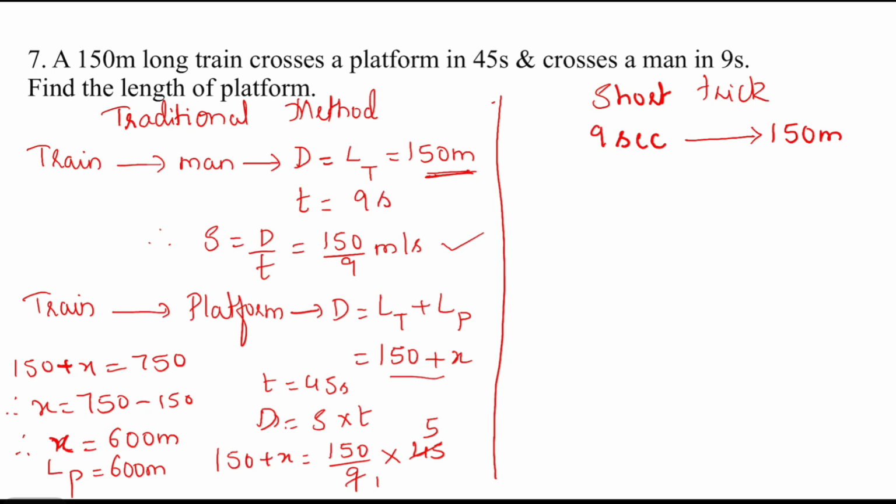It takes 9 seconds to cross this much distance, because the length of the man is negligible. Whatever distance it covers in those 9 seconds is nothing but its own length.